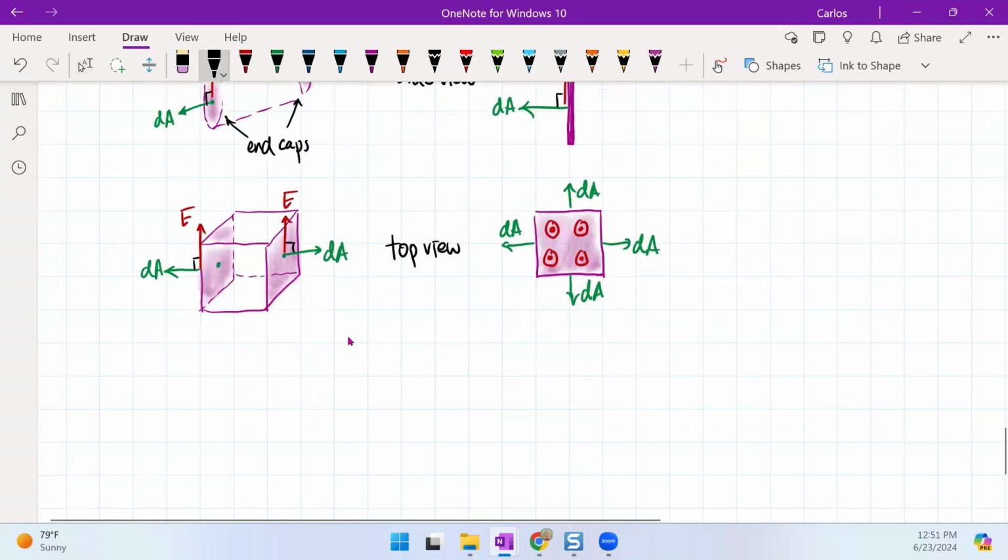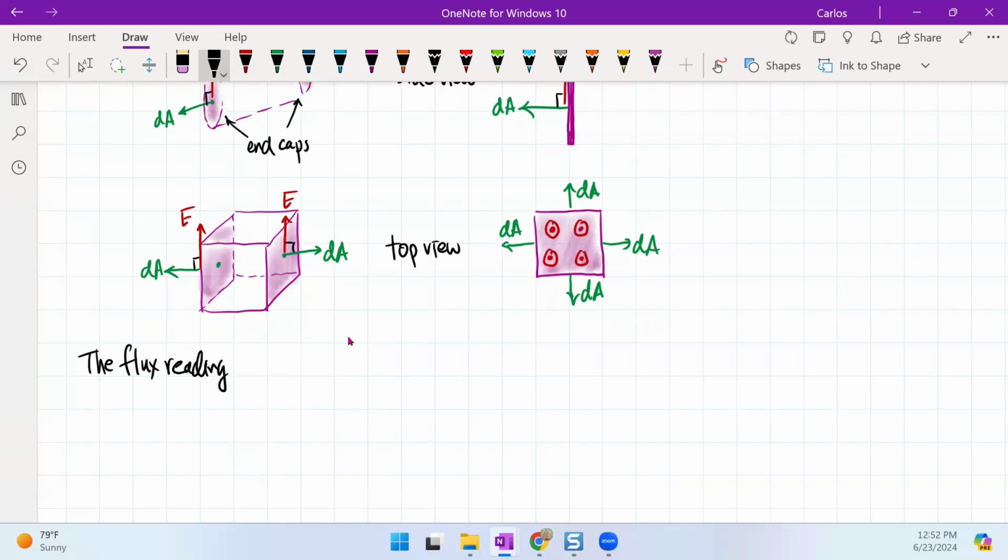So the flux reading is that I now have a flux, which is E dot dA, which is now cosine of 90 degrees of E of R times the area of the Gaussian.